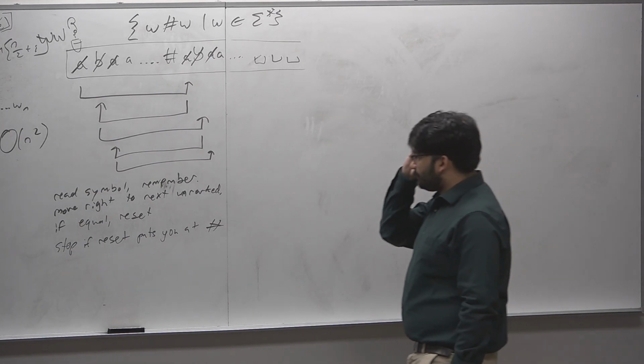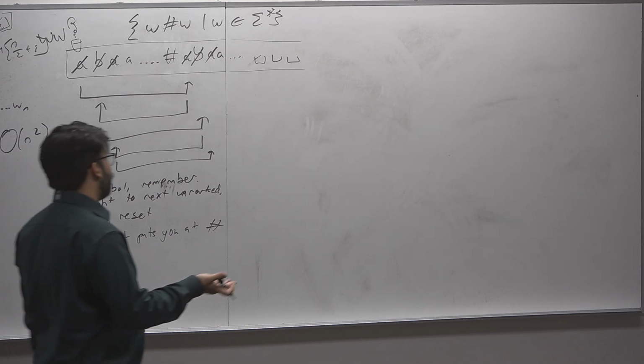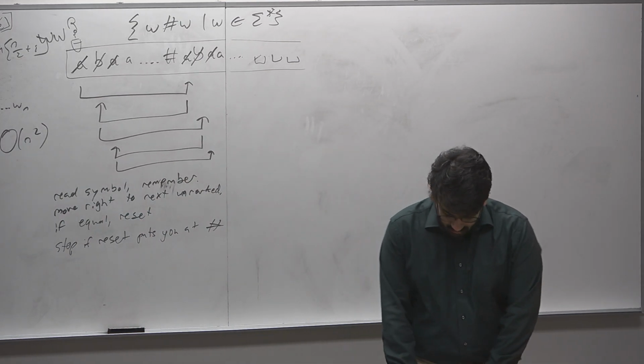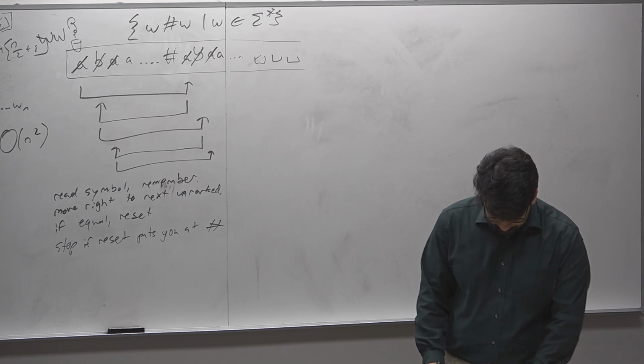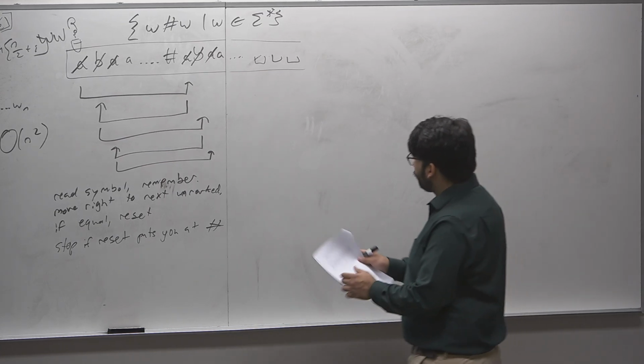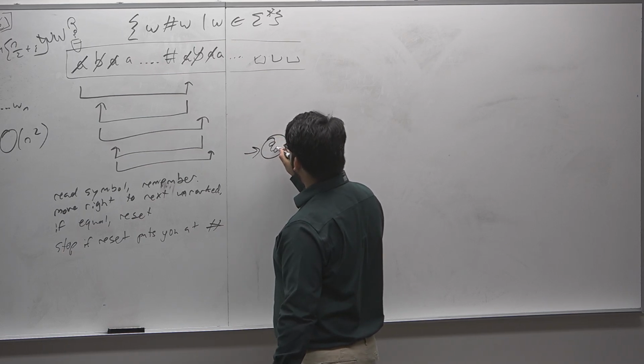Power is good enough. So it turns out the fact that it can decide this at all is good enough for us. So let's implement the state diagram of such a machine. So we're gonna have some start state here, Q0, okay?